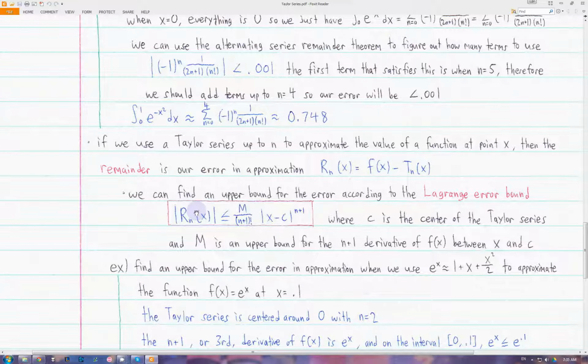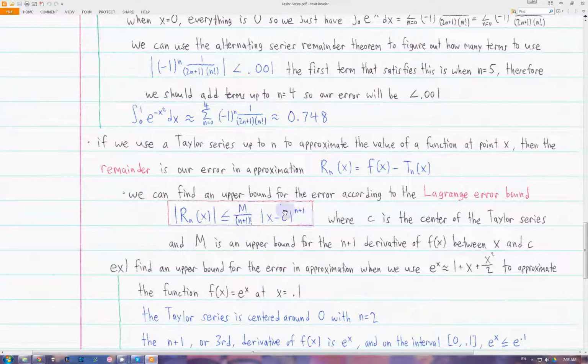So the absolute value of the remainder, when we approximate a function using n terms of a Taylor polynomial at the value x, is less than or equal to M over n plus 1 factorial times the absolute value of x minus c to the n plus 1 power, where M is an upper bound for the n plus 1 derivative of f of x between c, the center of the Taylor polynomial, and x, the value where we're approximating.